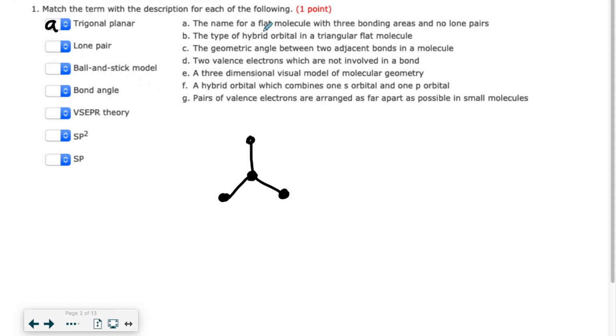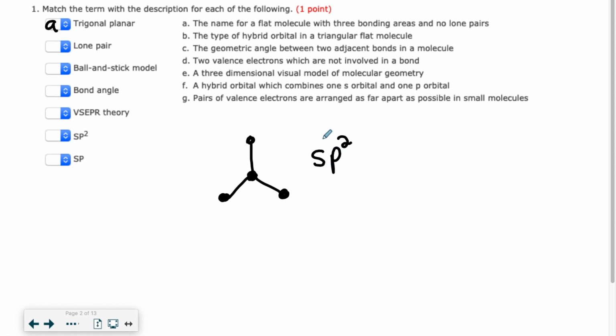So A. The second one, the type of hybrid orbital in a trigonal flat molecule. So essentially what you would have here. Now, for hybridized orbitals, they are based on how many bonding directions you have. So if I have 3 bonding directions, that means I would have needed an s orbital and then 2 p orbitals in order to make that many bonding directions.